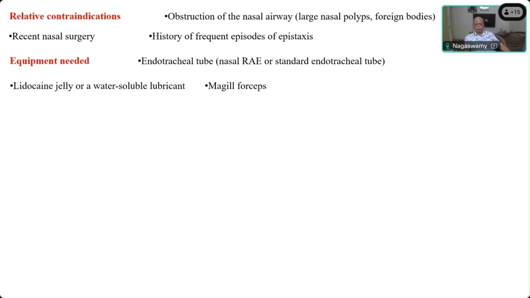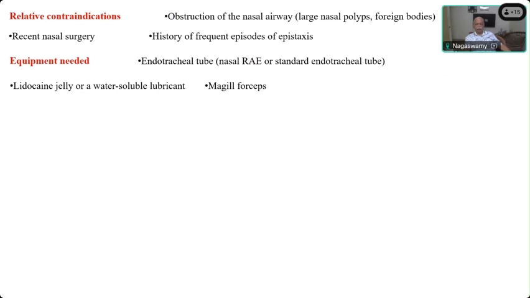Nowadays you are all used to only the disposable plastic or PVC endotracheal tubes. But during our PG days and earlier, it was the red rubber tube which is reusable, which can be autoclaved or even boiled in the sterilizer, and we used to reuse it. It was made up of red rubber.